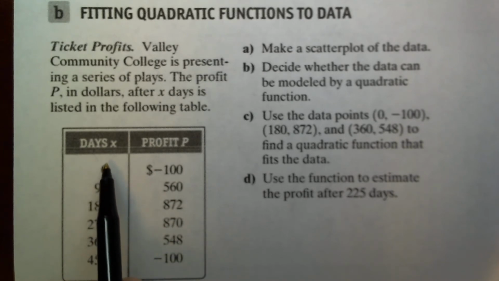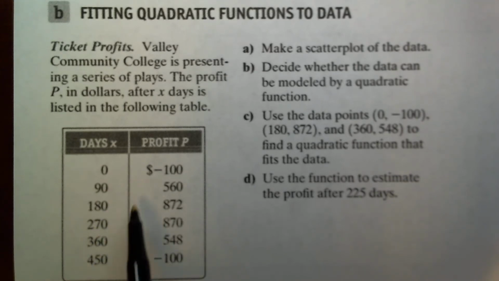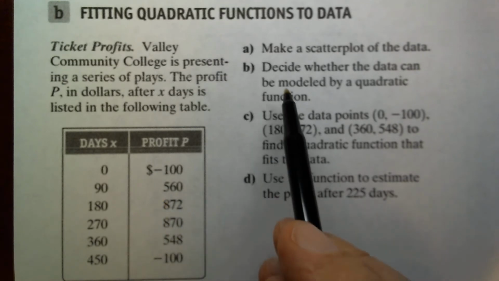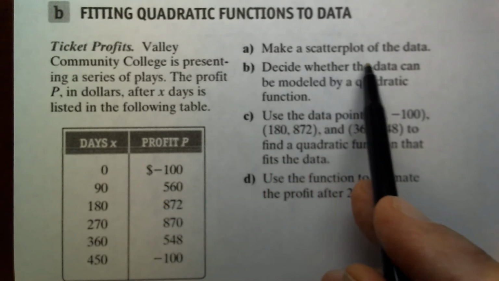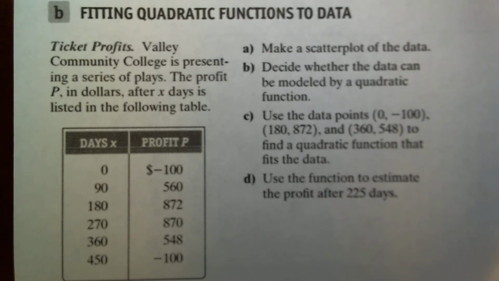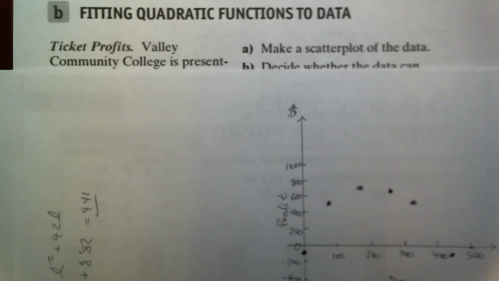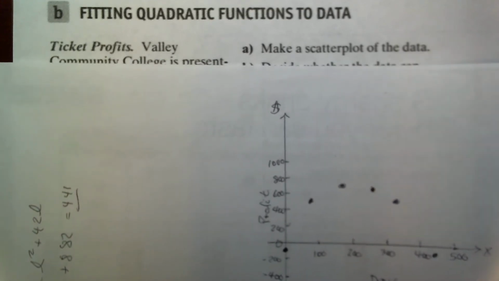So days in terms of X is 0, 90 days, 180 days, 270 days, 360 days, and 450 days, and then the corresponding profits. Of course the minus sign means a loss, and then the positive numbers. The first question is to make a scatter plot of the data. So we did that, and the scatter plot of the data looks like this.